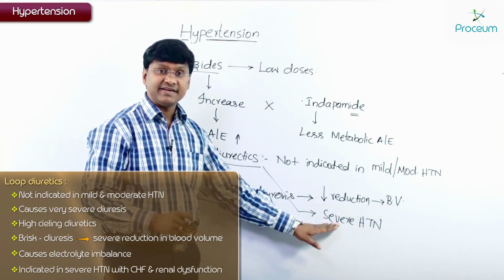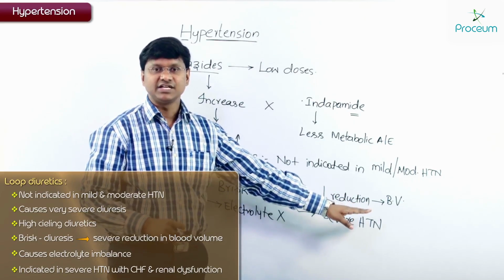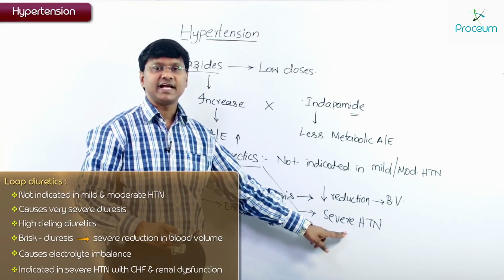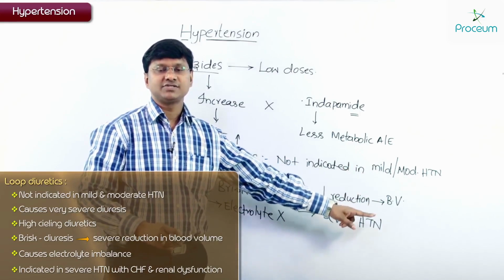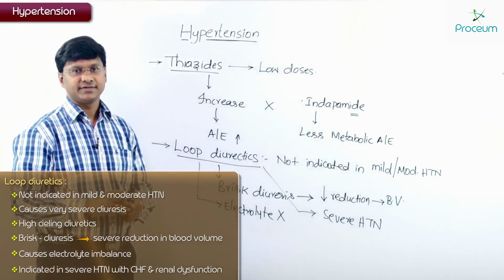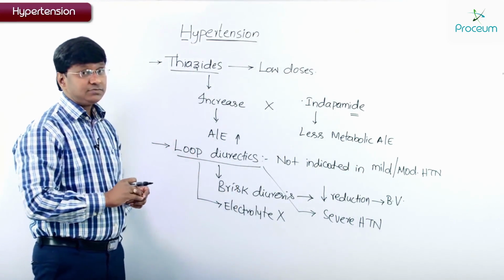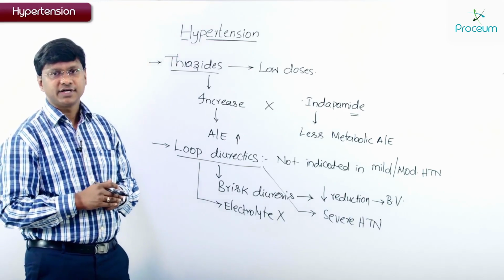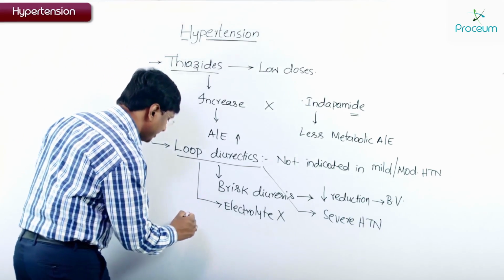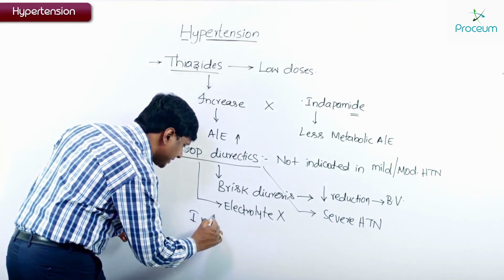So when there is severe hypertension in a patient with renal dysfunction, you give loop diuretics. If a patient has very high blood pressure and is also having congestive heart failure, then loop diuretics are indicated. Now, we have an important drug called indapamide.